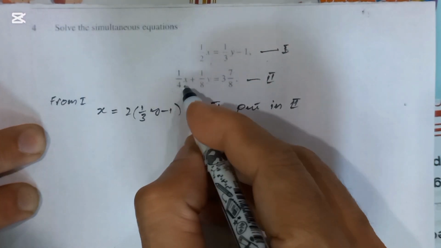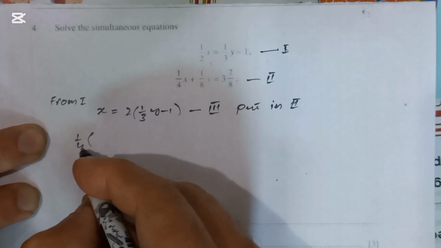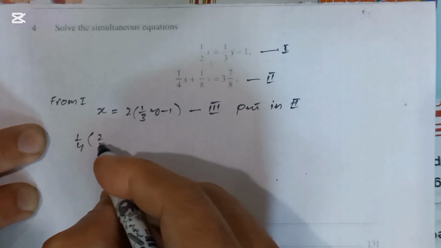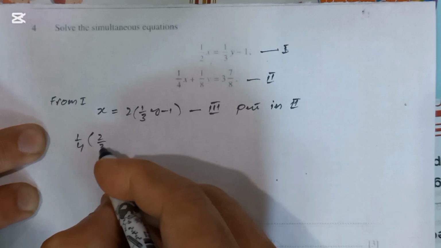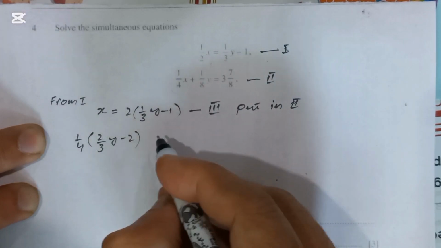Now 1 by 4 into x. So in place of the x, we will put this value, 2 by 3y minus 2.